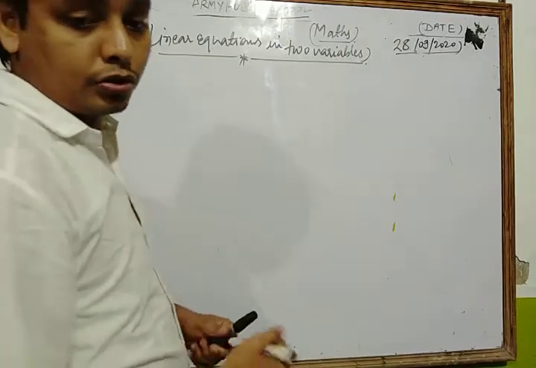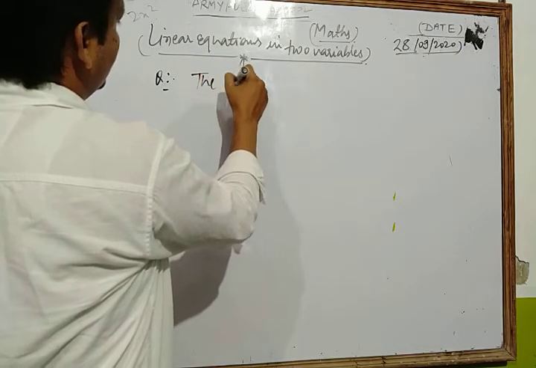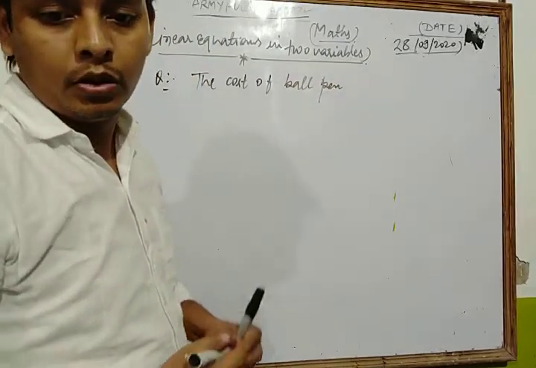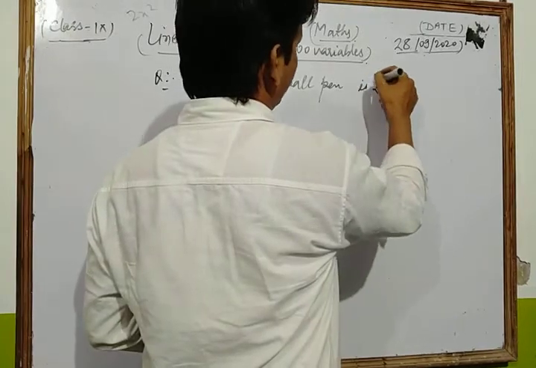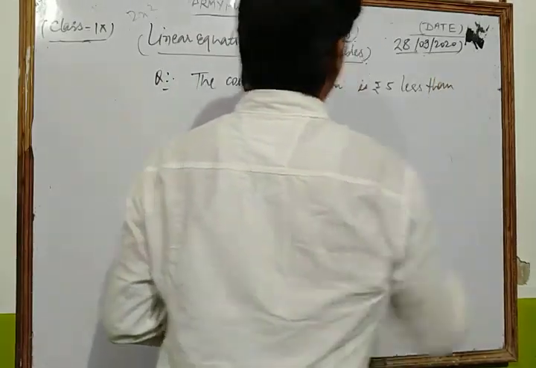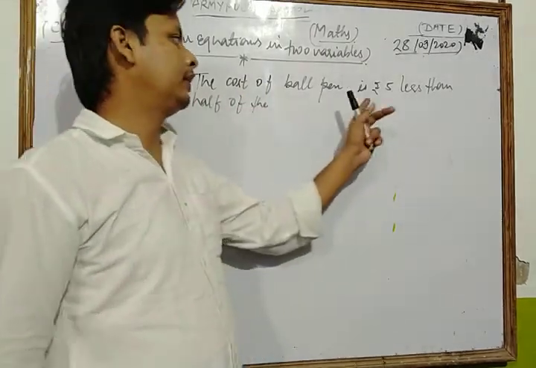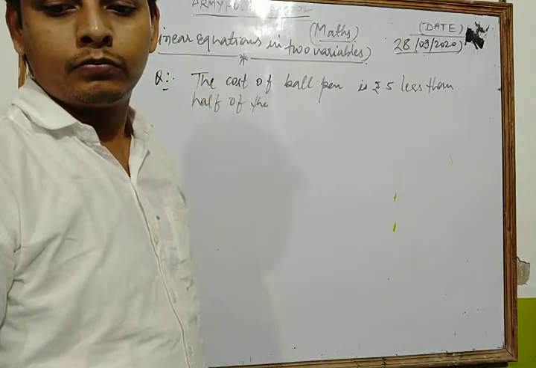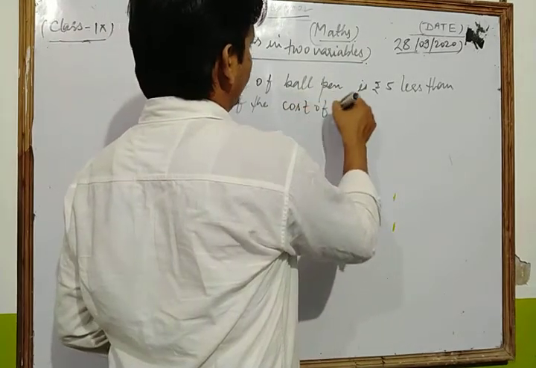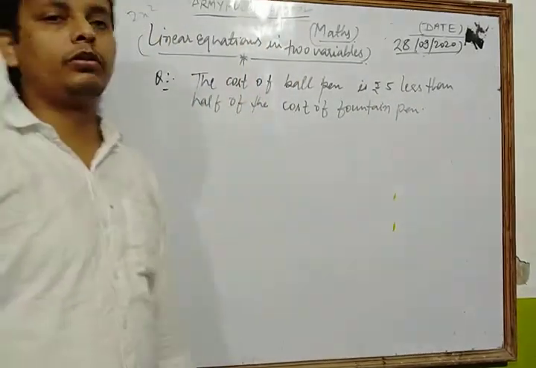If I ask you a question: the cost of a ball pen is rupees 5 less than half of the cost of a fountain pen.